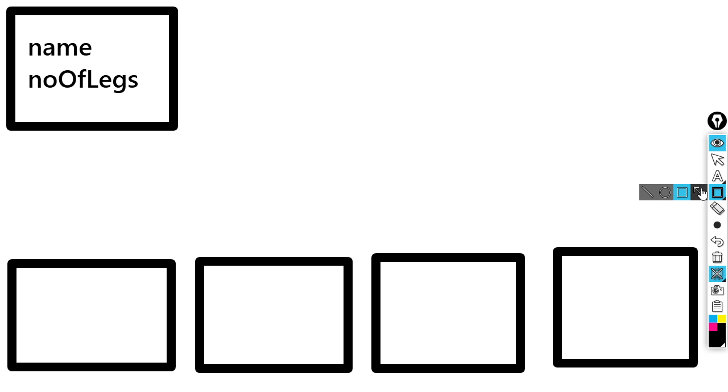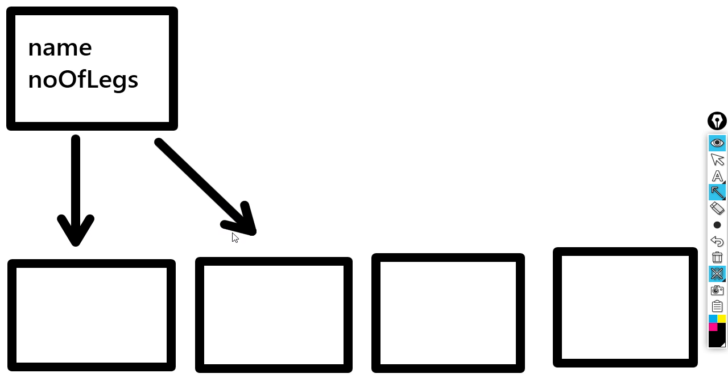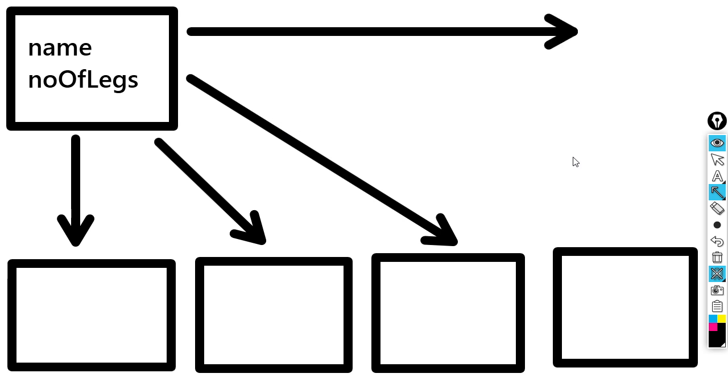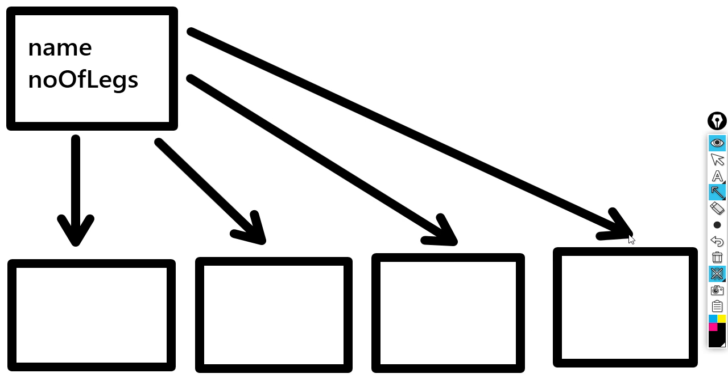I can create an object for this and specify separate data here, here, here, and here. This means that I can have different values stored.